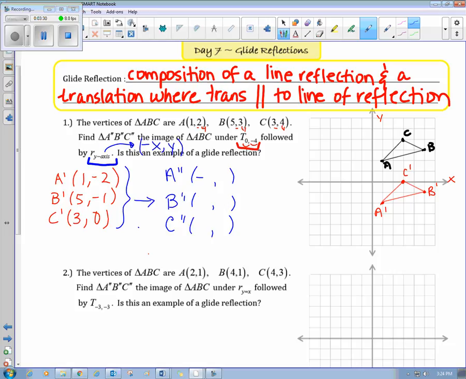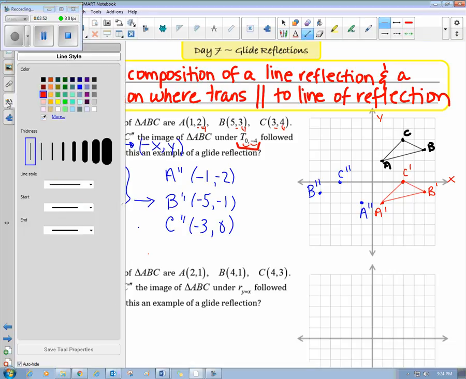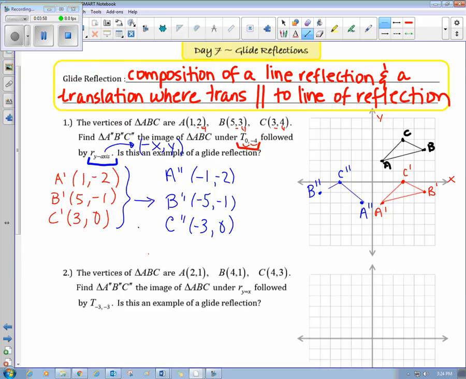So this is -1, -2, -5, -1, -3, 0. And once again, I'm going to connect those points to make that triangle. Here's the first connecting line, and the second, and the third.